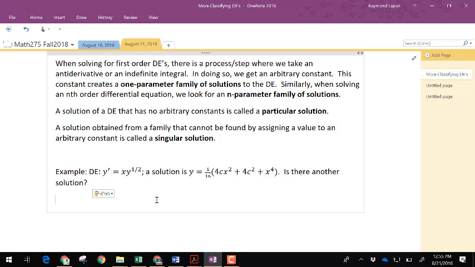Is it one parameter, two parameter? What do you guys think? Should be two?